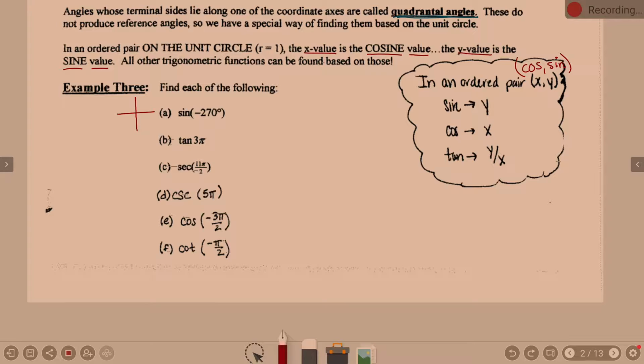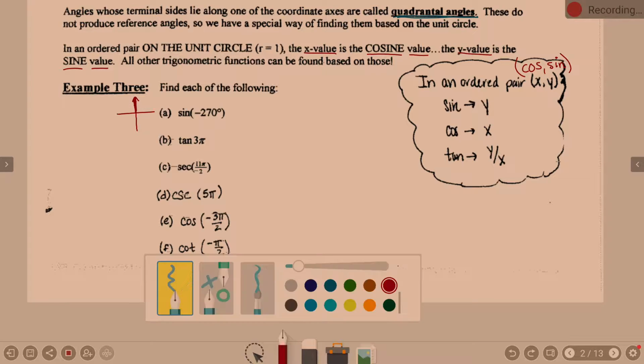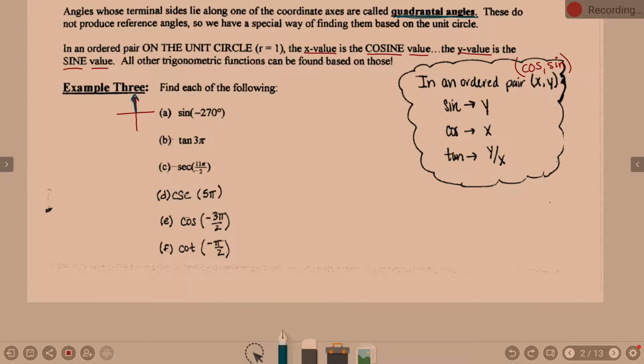Where does negative 270 take me? It's the same as the 90-degree angle. So we're talking about the sine of 90 degrees. I know it says negative 270, but we're going to talk about the sine of 90. That's the other name for it.